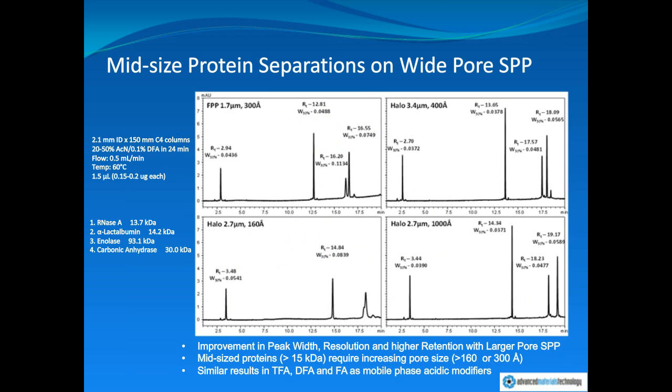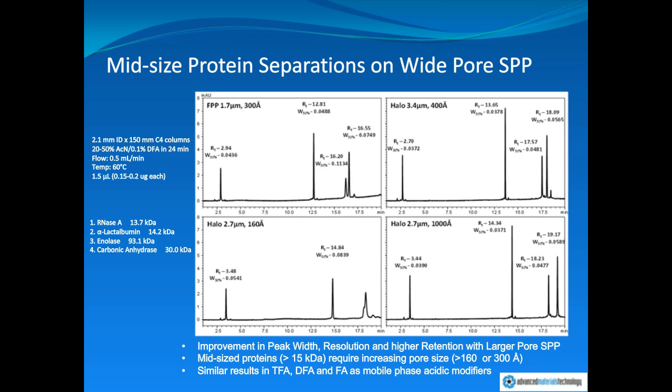So I just want to give you a flavor for how we came about those decisions in terms of chromatographic thinking. Here we see a comparison of a fully porous particle, sub 2 micron, 300 angstrom pore size material, separating a simple protein mixture from relatively small at the front with ribonuclease, and then the third peak out being enolase at about 93 kilodaltons and carbonic anhydrase at about 30.